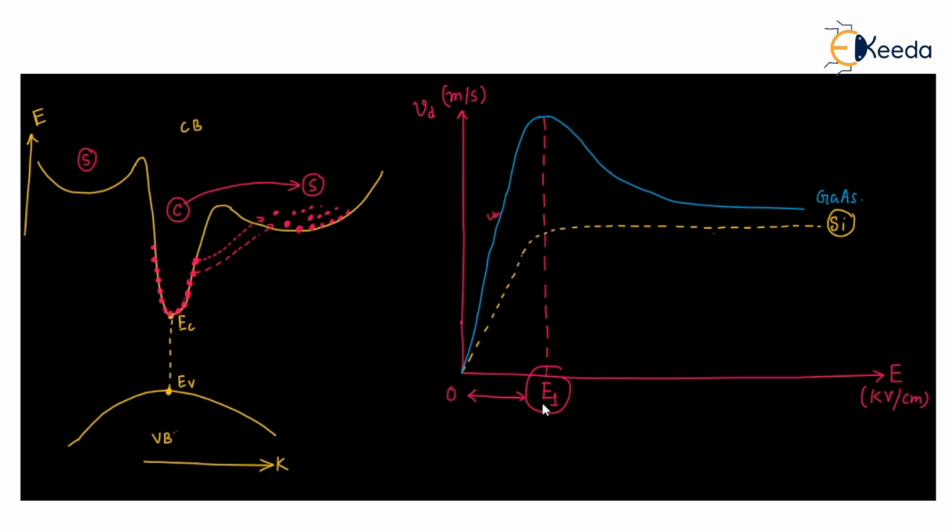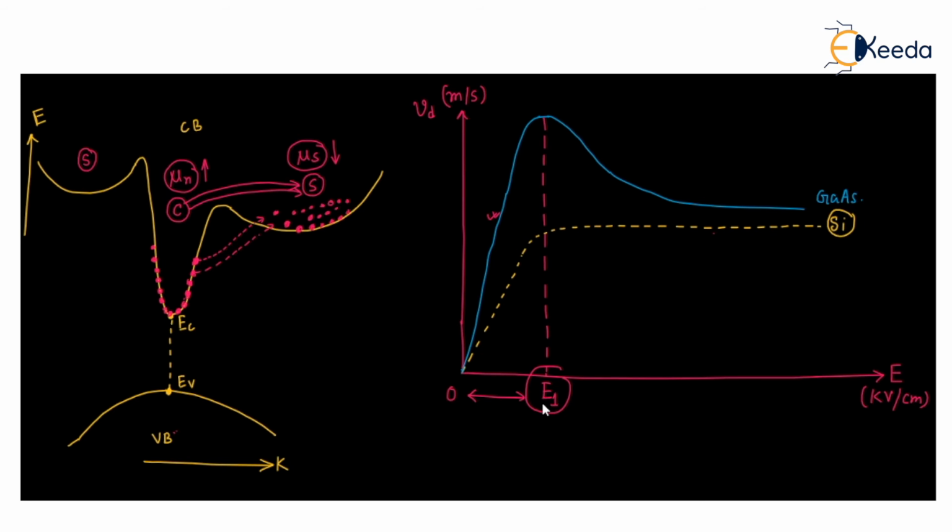We know that the mobility of the electrons in the central valley is higher, so when the electrons are transferred to the satellite valley, their mobility decreases.